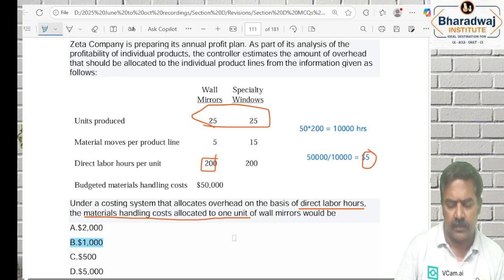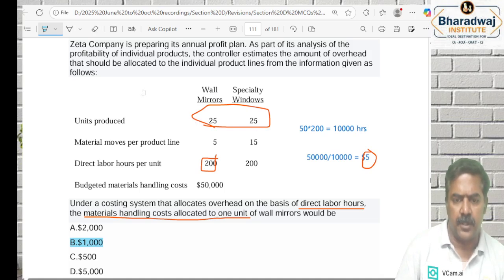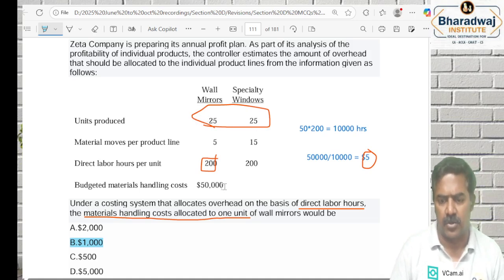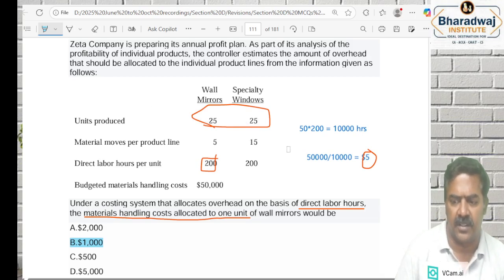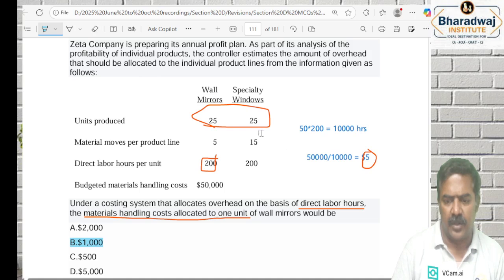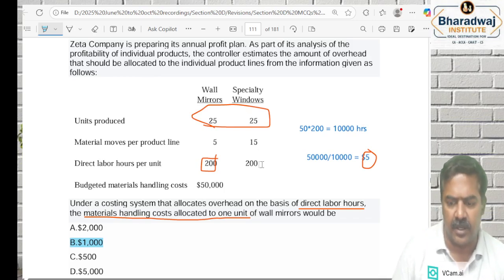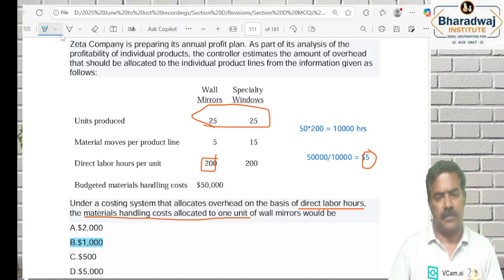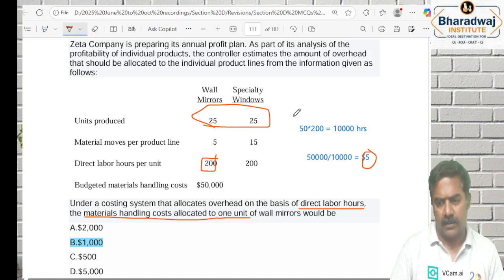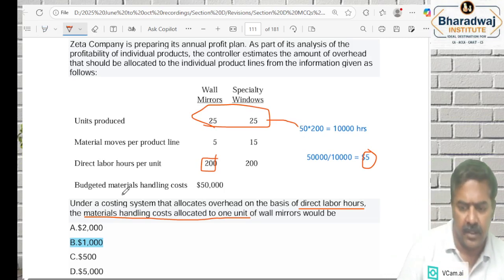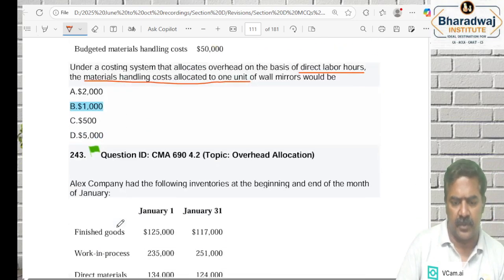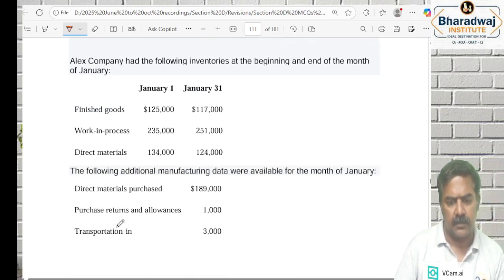Or you can work it separately also: 25 into 200 plus 25 into 200, 10,000 hours. Otherwise, total units produced is 50, per unit 200, 10,000 hours. So 5 into 200, 1,000.